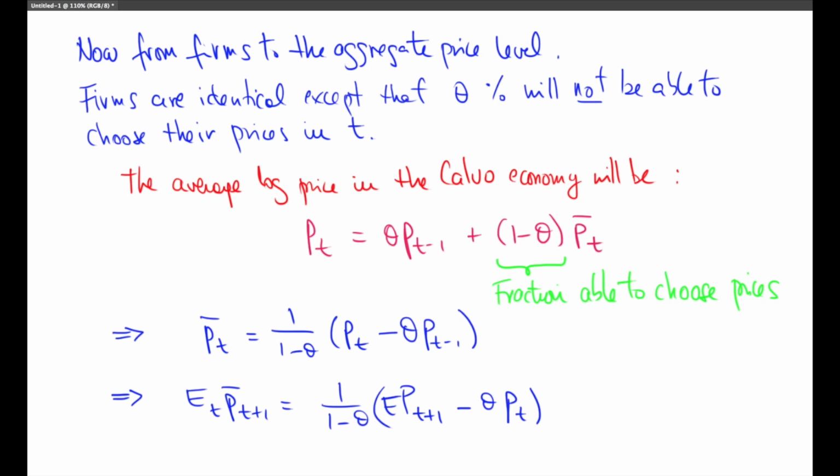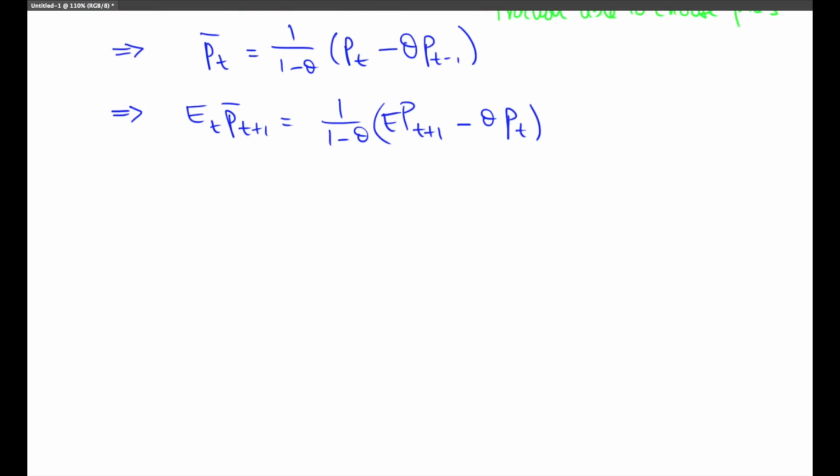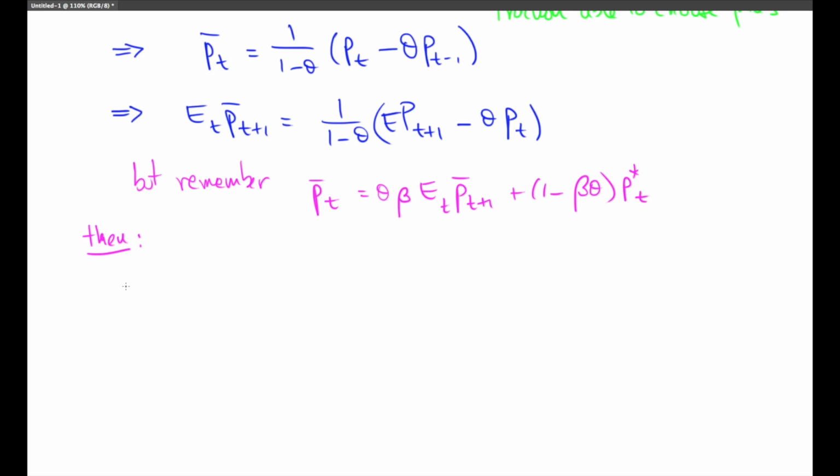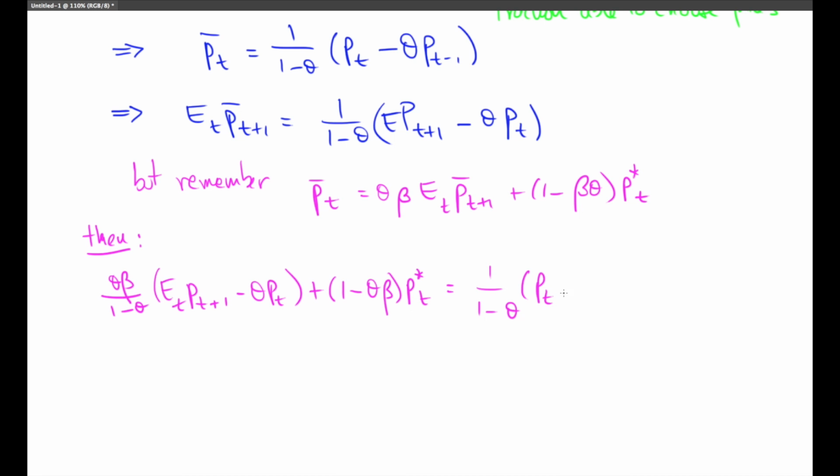So let's decompose the previous equation, and if we move a little bit from t to t plus 1 and apply expectation, we have those two blue equations. But if we remember the optimal level for P bar from firms, then we can combine those three expressions in the following.